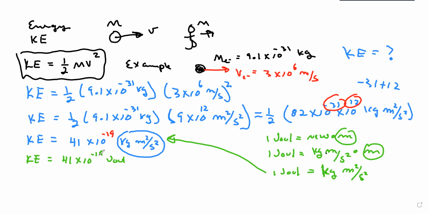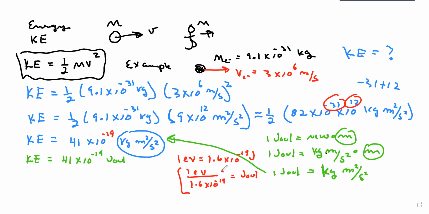So let's take this to electron volts. So we know that 1 electron volt is equal to 1.6 times 10 to the minus 19 joules. So 1 electron volt divided by 1.6 times 10 to the minus 19 is equal to joules. It's equal to joules right there.